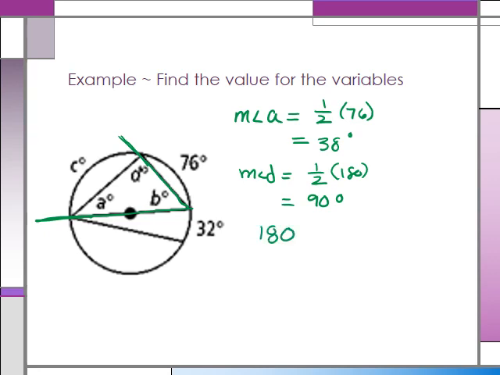And so 180 minus 128 will give us the measure of angle B, which is negative 50, or is 52. And then arc C, if the measure of the angle is half the arc, then we're going to double that, and C is going to be 104 degrees.